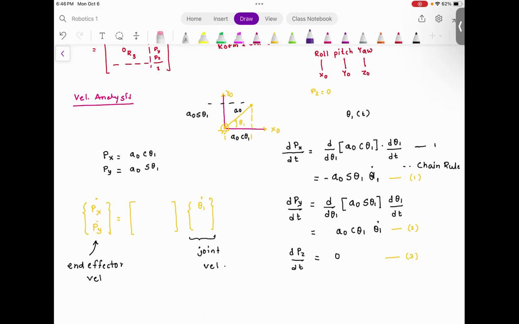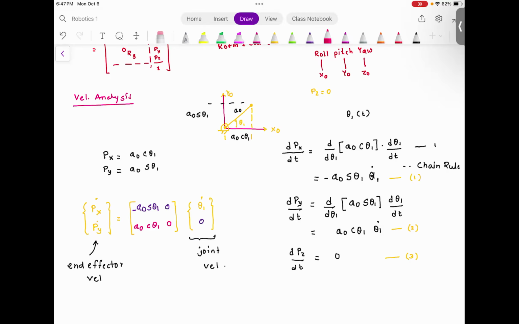I would have minus A0 sine theta 1, and then 0 here, and A0 cosine theta 1.